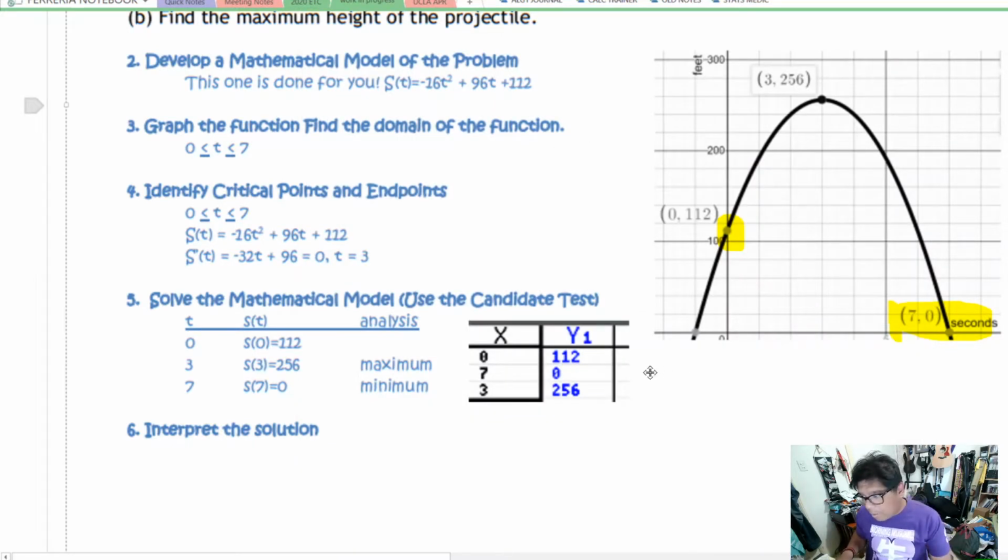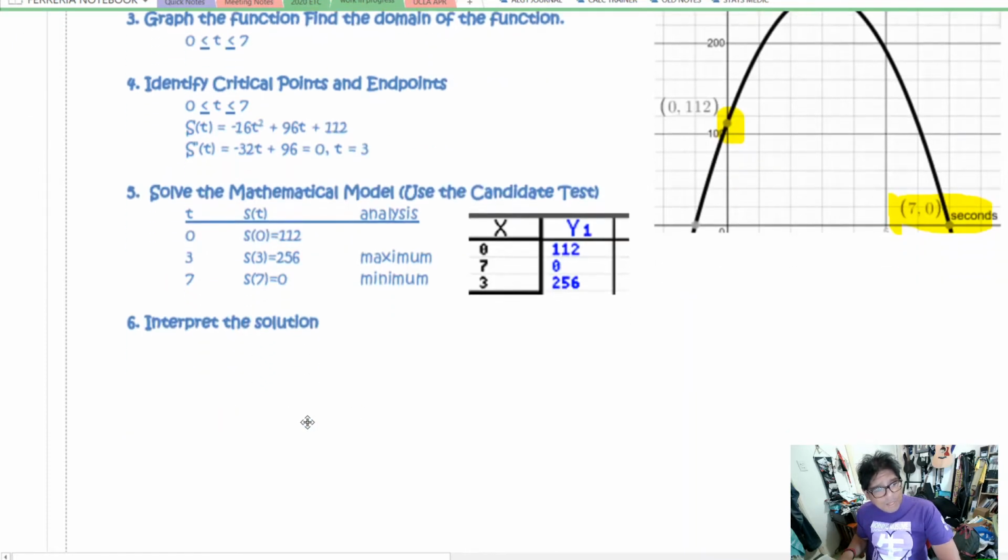We'll just put our calculator work on the side over here. And here's our analysis, t equals 0. Well, this is the exact same thing. Our analysis is we have a maximum height at t equals 3. The maximum height is 256. We have a minimum height at t equals 7. The minimum height of the projectile is 0.